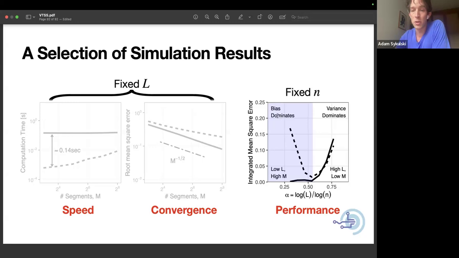But what we found was that by reducing the bias, we can kill the error on the left-hand side. It's still there on the right-hand side. But what that allows us to do, you see, is optimally pick higher values of M, because we can bias correct for low values of L. Eventually, this will break if I go below 0.25. But in this crucial region here, we found this is where our improvements lie, that effectively we can increase the number of segments in Welch's method and inherently reduce the amount of variance.